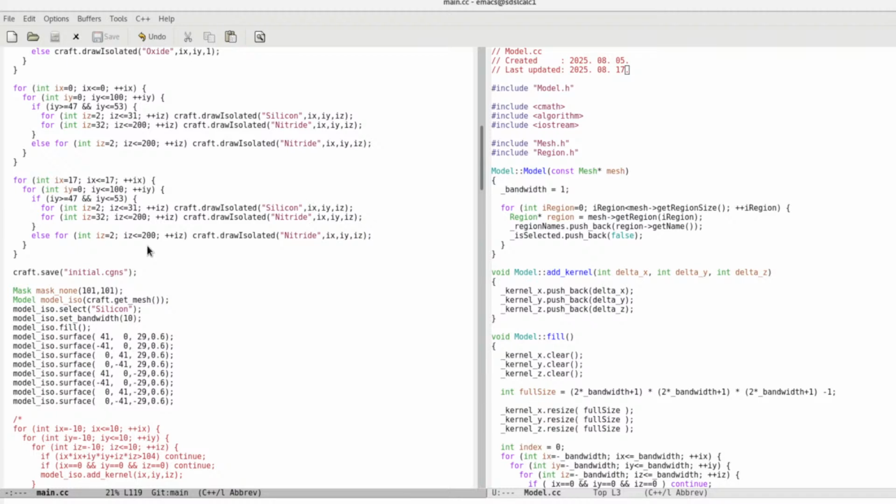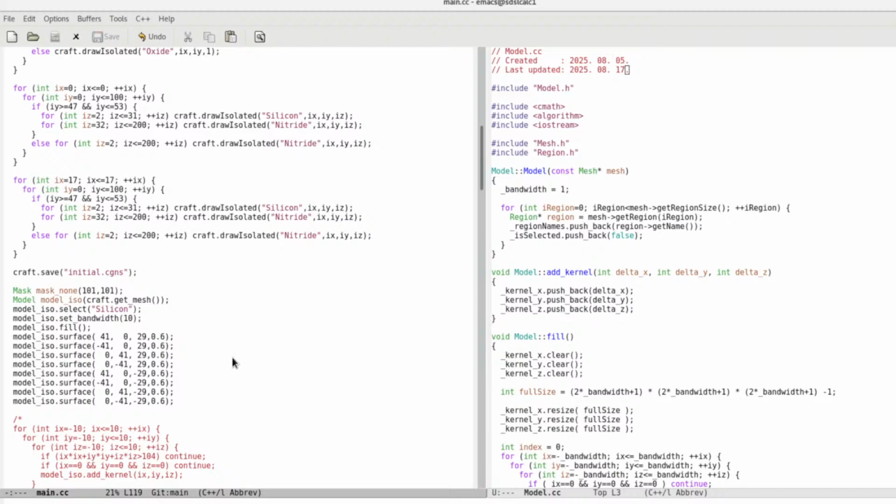Of course, there is no written convention, but I have done it up to now with the implicit assumption of that coordinate system. So that's the reason why here we have quite stringent numbers 41, 0, 29, corresponding to the 111 surface.